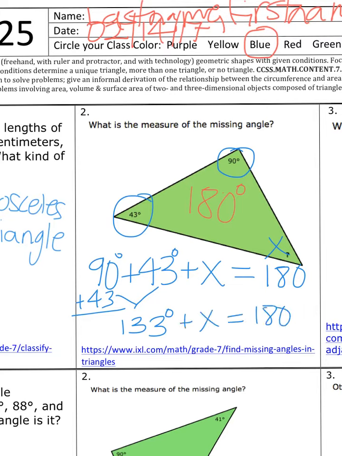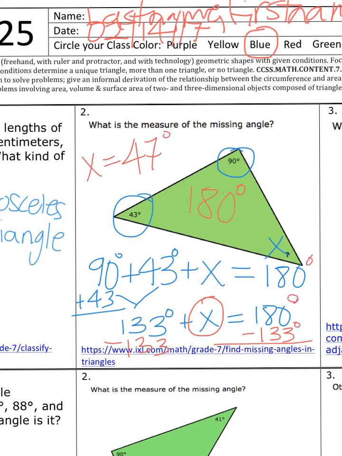Now I want to isolate my variable. So I need to get rid of that positive 133. What do I do to get rid of positive 133? Subtract 133 on each side. 180 minus 133 is 47. So x is equal to 47 degrees. Let's not forget our degrees.